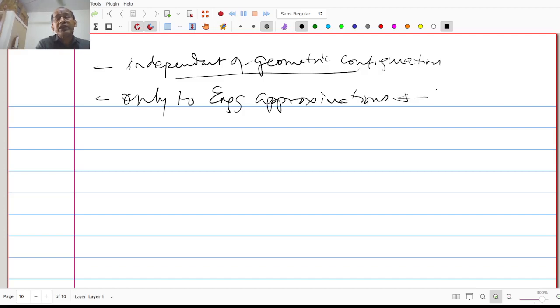This word engineering approximation is a very interesting word that is used in many contexts. When you are not able to get precise values within 5 to 10% accuracy, but you are able to get values which are about that order, let us say 50% error, 100% error, 25% error, 30% error, you say that it's valid within engineering approximation. So basically, in engineering, we normally work with factors of safety.